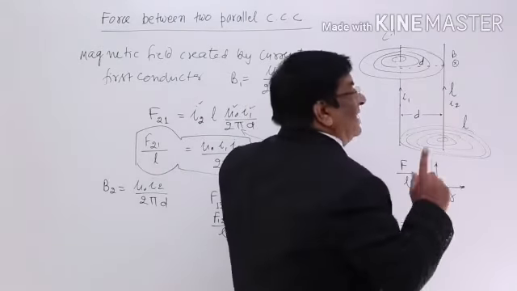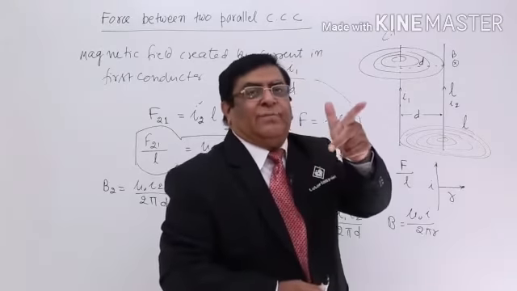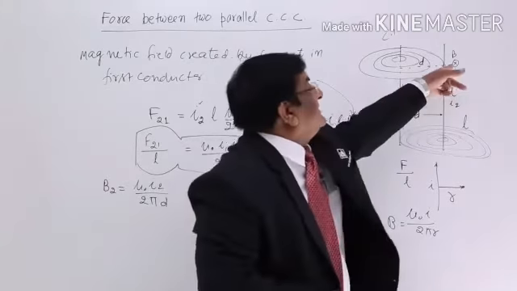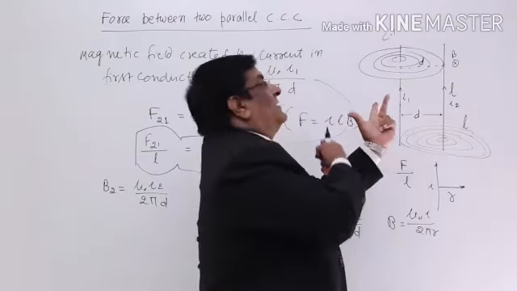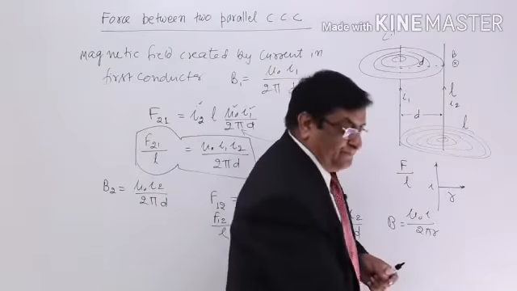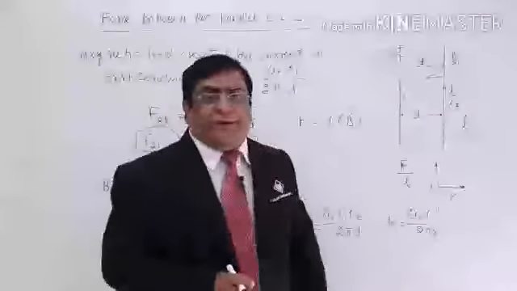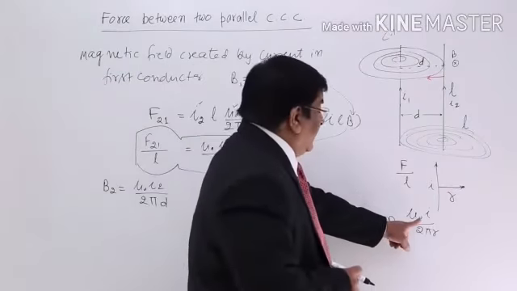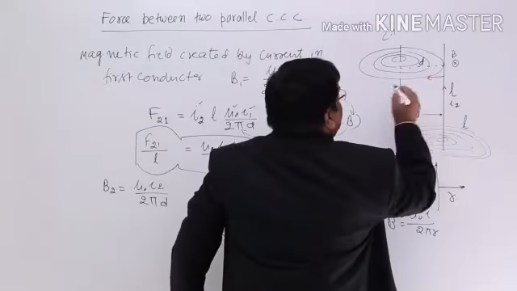So what should be the direction of force? For the direction of force, I apply the left hand rule, making the fingers at right angles to each other. This is the direction of the magnetic field going inside, this is the current, and this is the direction of force. So here the direction of force is this way.